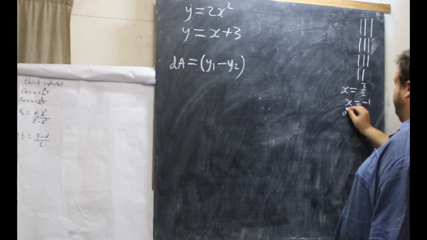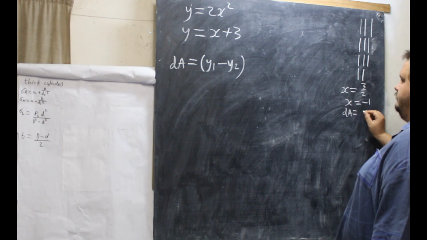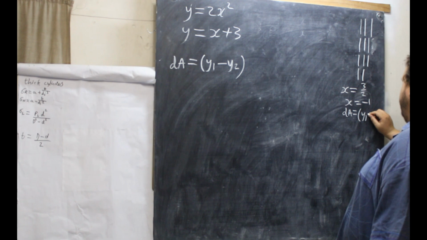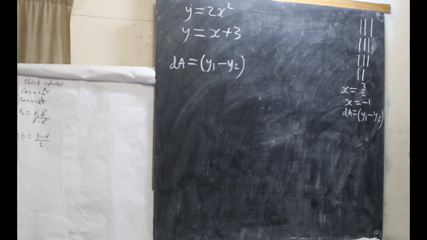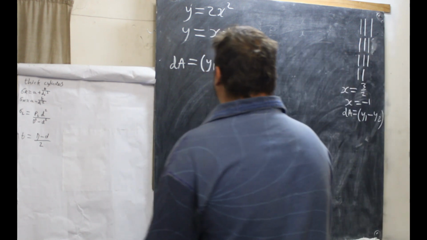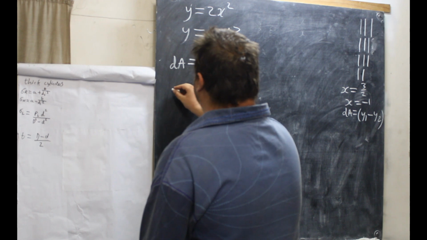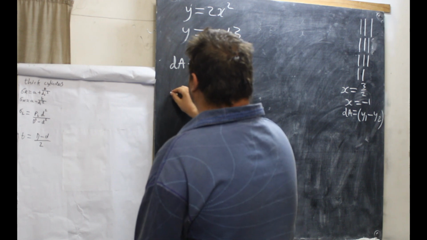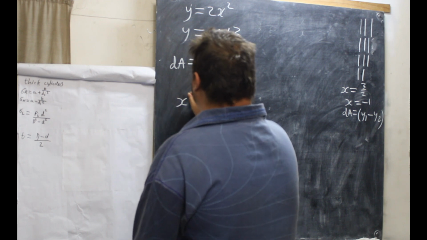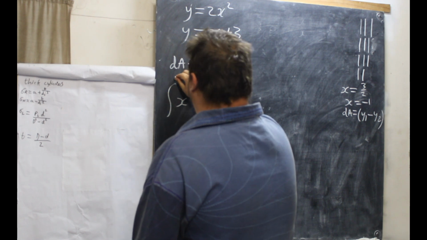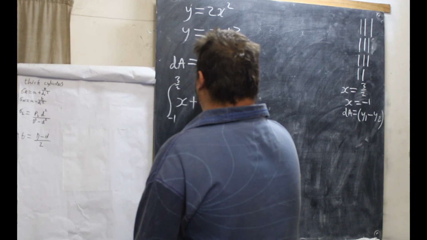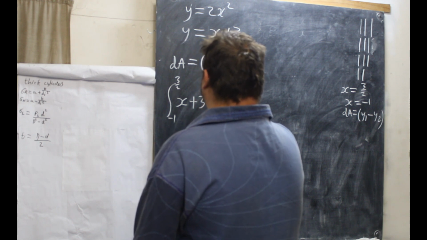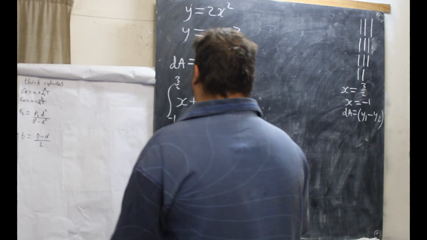So dA is equal to y1 minus y2. That is important. That's our formula. So what we're going to say now is the integral from minus 1 to 3 over 2 of x plus 3 minus 2x squared, dx.